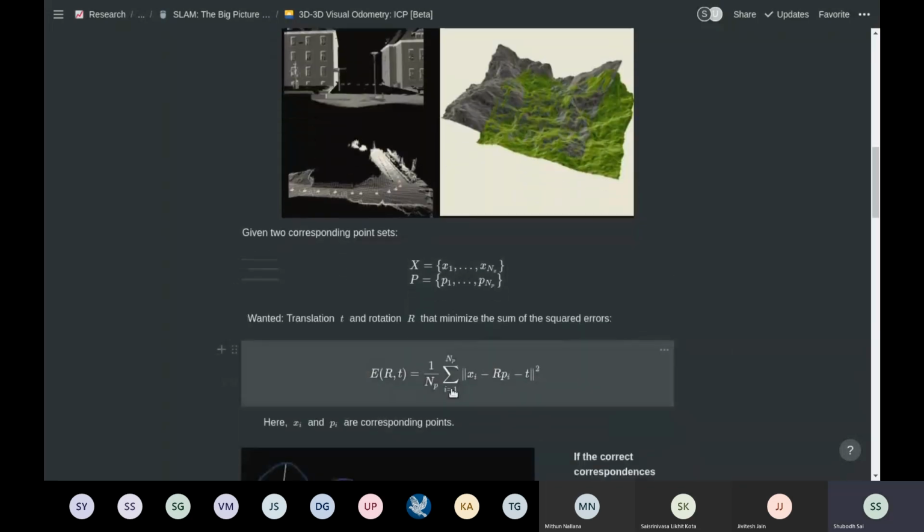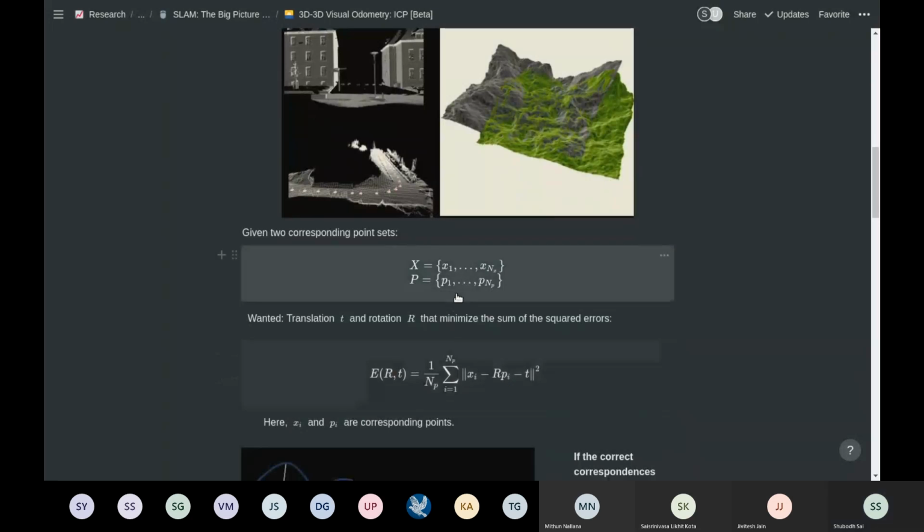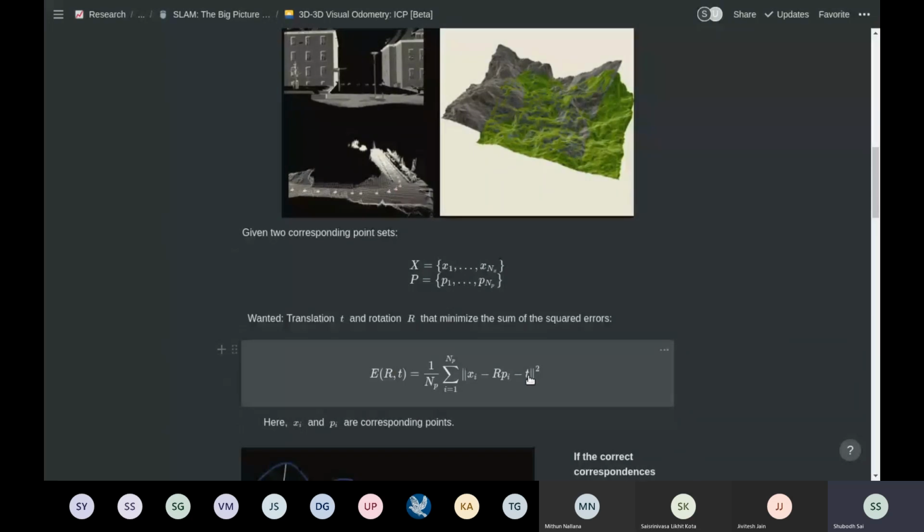Now, as you have been saying, both of them are separated by just a rigid body transformation. As has been covered in the transformations lecture, if you apply a rotation on that point and move it by some distance, translate it, then if they correspond to the same point and both point sets are separated by a rigid body transformation, then for a fixed R and T, both of those have to completely overlap, because both of them are exactly the same thing.